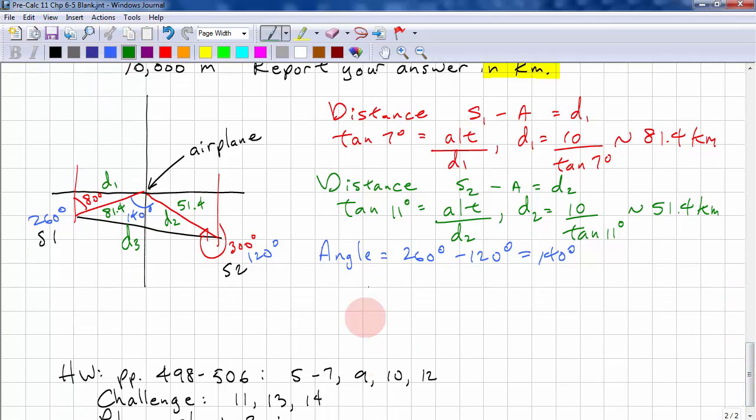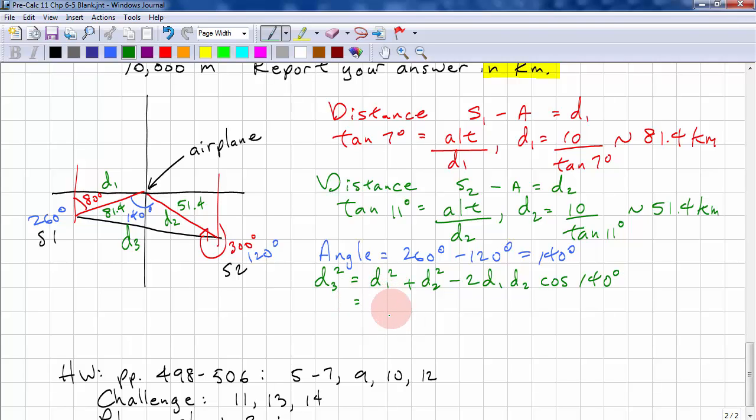So now we can go ahead and use our formula for cosine law. D3 squared equals D1 squared plus D2 squared minus 2 D1 D2 cos 140 degrees.